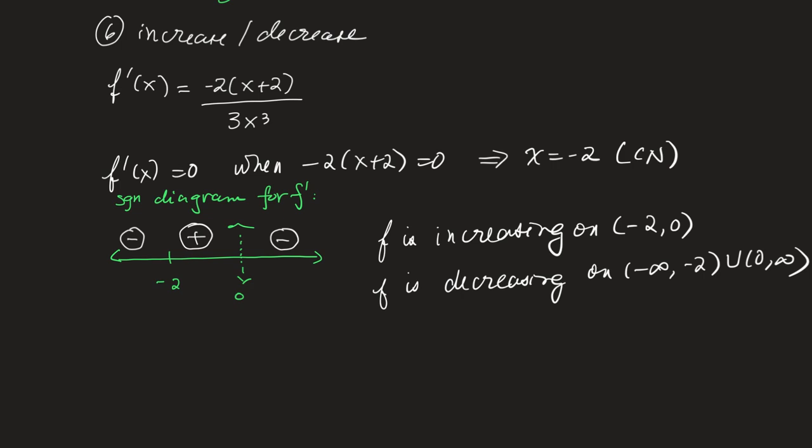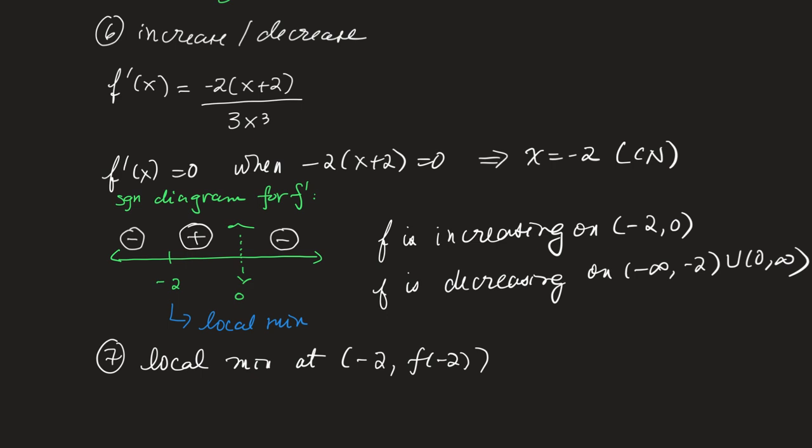Moreover, I can see that that critical number, x equals minus 2, is going to give me a local min because the function changes from decreasing to increasing at minus 2. So let's record that. So I have a local min at minus 2, f of minus 2, and throw that back into the function, and f of minus 2 is minus a sixth.